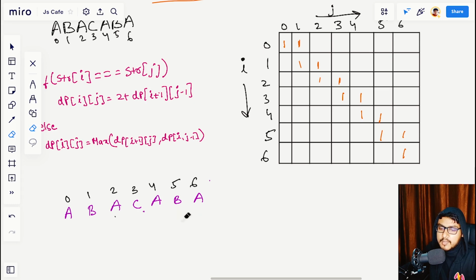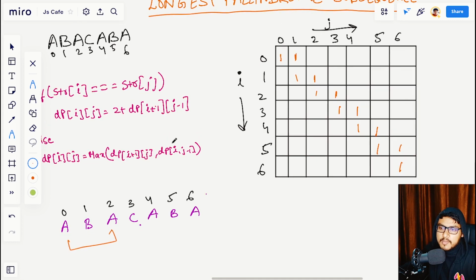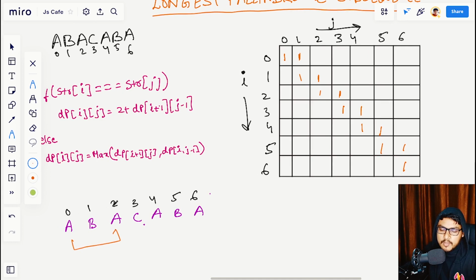Now what about length 3? How much LPS can we get? So a and a, i is at 0, j is at 2. So what is the maximum LPS you can achieve over here? We have 0 and 2, a and a matching, i and j matching.